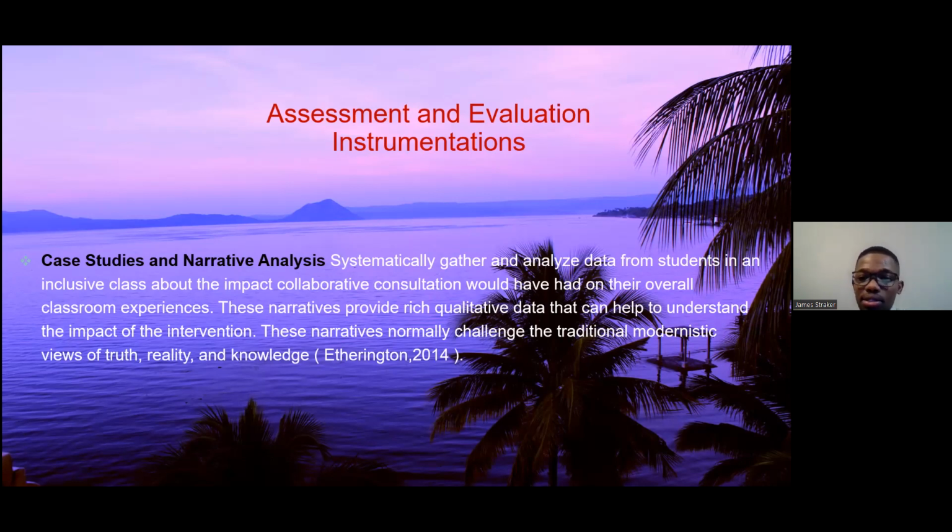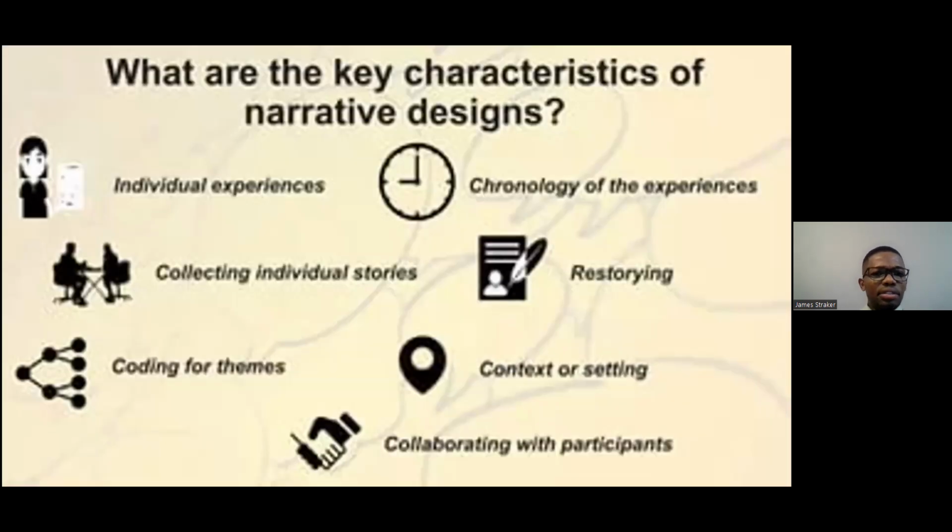And so the case study will allow us to get in-depth information, because with the case study, we can incorporate observations, we can incorporate interviews, and a range of instruments just to get an in-depth understanding of this child.